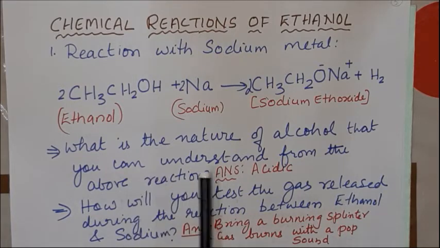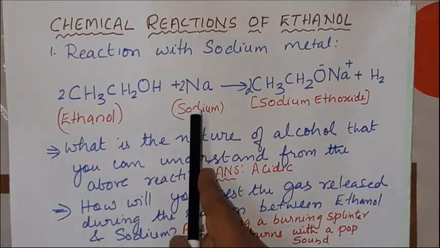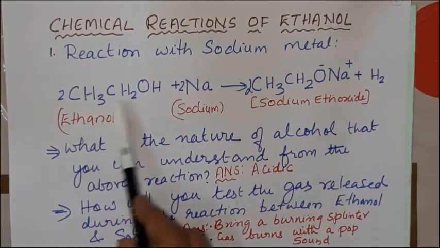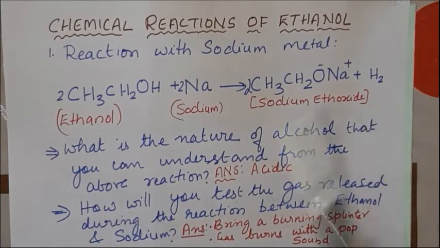What you can understand is it is just like an acid reacting with a metal. When an acid reacts with a metal, we observe gas evolution, which is nothing but hydrogen gas. So here also you observe ethanol reacts with sodium with the liberation of hydrogen gas.